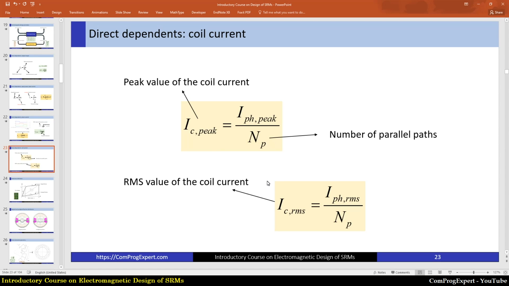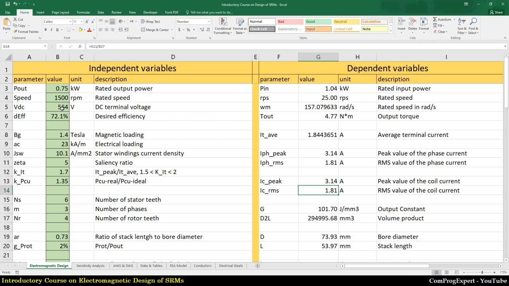So till now, we just calculated some direct dependent parameters. So just by setting the value of DC link voltage, output power, rated speed, we can calculate these numbers.